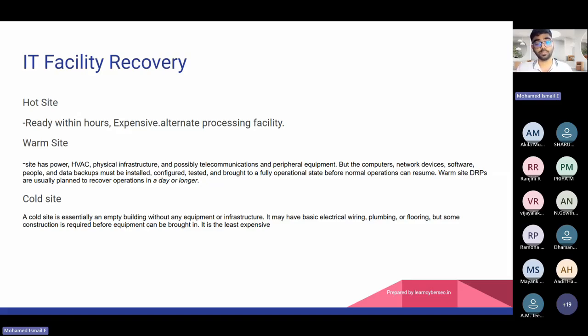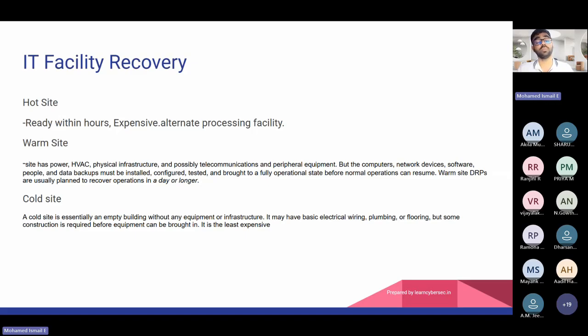So the site has power, HVAC systems, physical infrastructure, possibly telecommunication and peripheral equipment, but computers, network devices, software, people, and data backups must be installed, which is not there in the warm site.